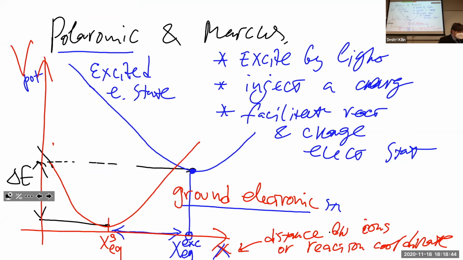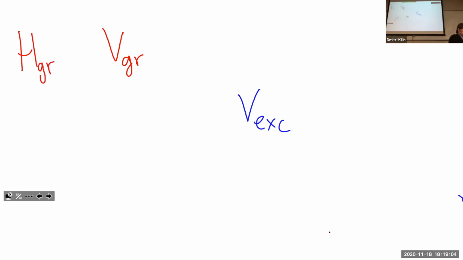So we do have two potentials. We use red for ground, and we use blue for excited. Then the Hamiltonian for the ground is the kinetic energy plus the potential for the ground.